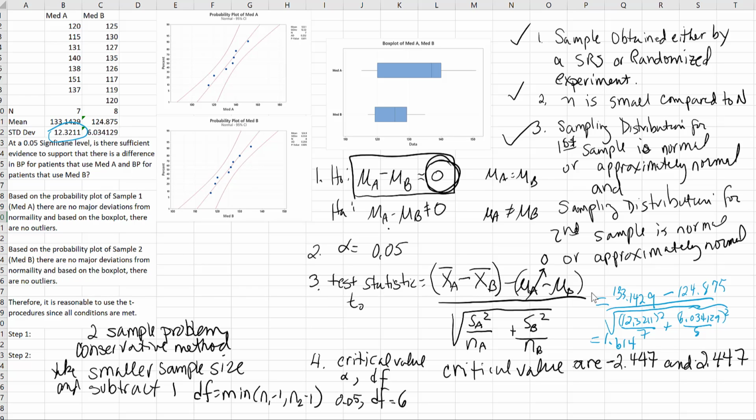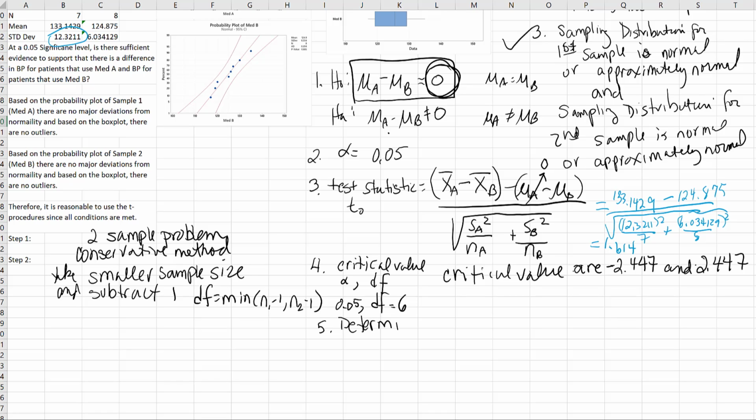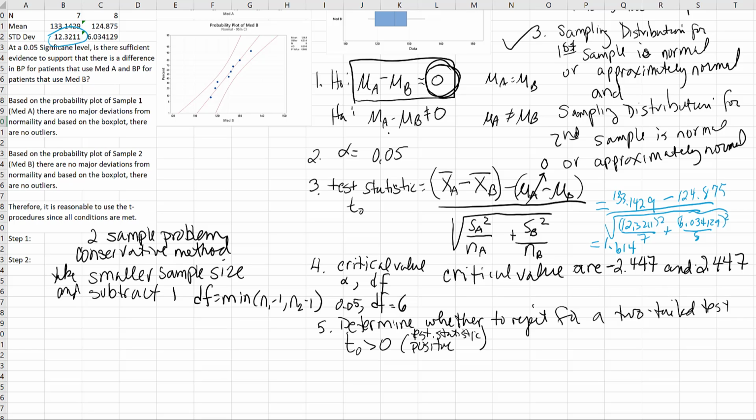Now, how do I use that to determine whether I reject or not reject? Well, this is just like all the other hypothesis tests that we've done. To determine whether to reject for a two-tailed test, remember, if my test statistic is positive, then the criteria for rejection is that my test statistic should be greater than the positive critical value.